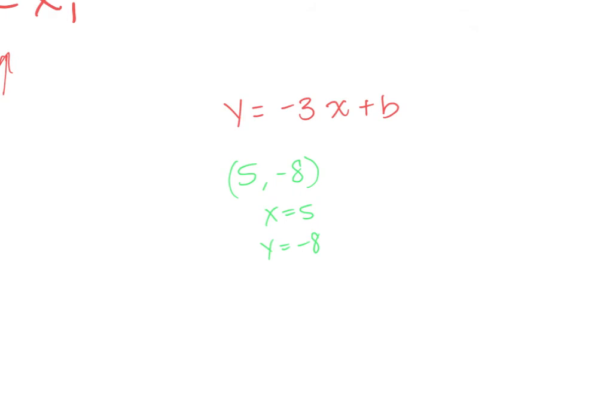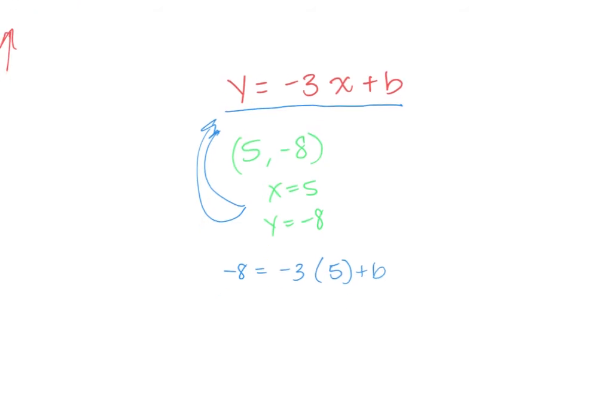All we do is plug those in. So instead of y, we're going to write -8 equals, because we're taking this equation and plugging these in there. Then we've got -3 times x, which is 5, plus b. Now we solve for b.